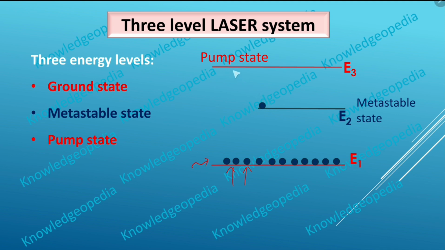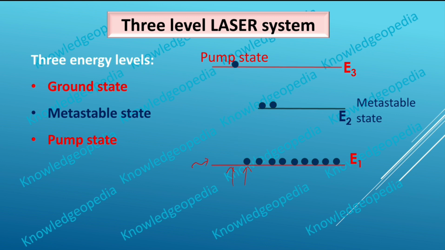As this transition is non-radiative in nature, there is no radiation coming out when the atom is moving from E3 to E2. Now this second atom is moving to E3 and it also moves to E2, and this is again non-radiative in nature, so there is no radiation coming out.